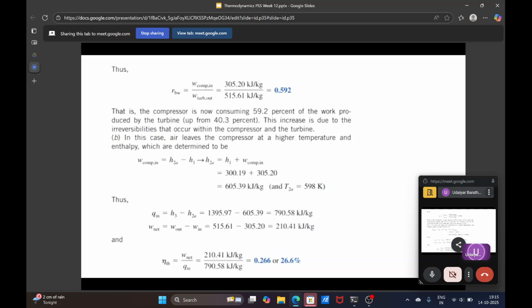And the net work generated is W out minus W in, which is 515.61 minus 305.2, which equals 210.41 kilojoule per kg. So the thermal efficiency is the net work divided by the heat added, 210.41 divided by 790.58, which comes out to be 26.6%.